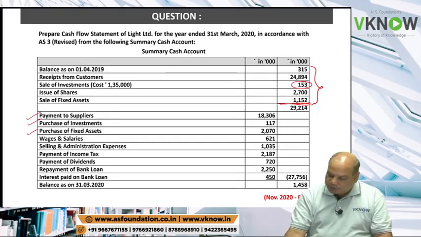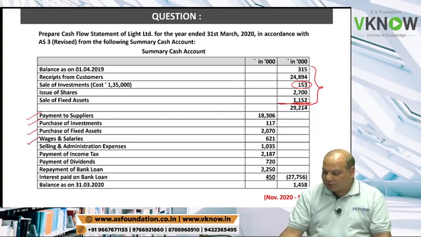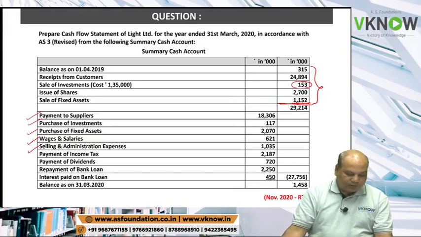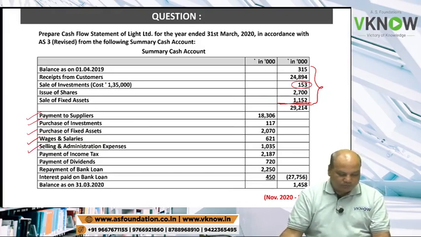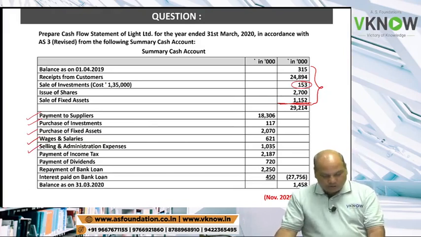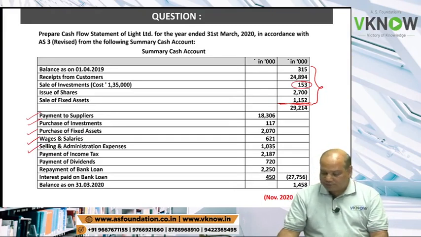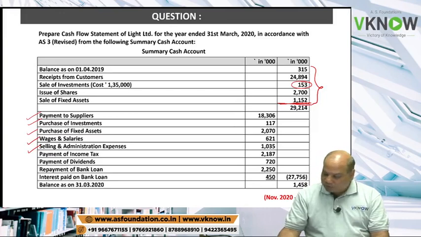Wages and salaries 621. Selling and administration expense 1035.